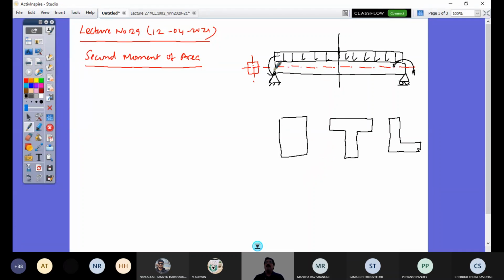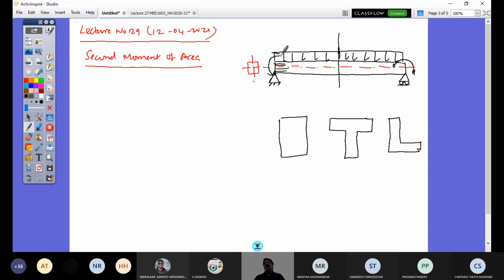If you consider horizontal layers in this beam, below the neutral axis I have one layer, second layer, third layer like that, and above the neutral axis I have a number of layers stacked like that. Then the bottom layers and the layers below the neutral axis would be under pull, under tension, whereas the top layers would be under compression.